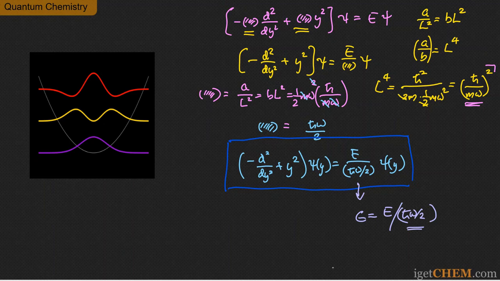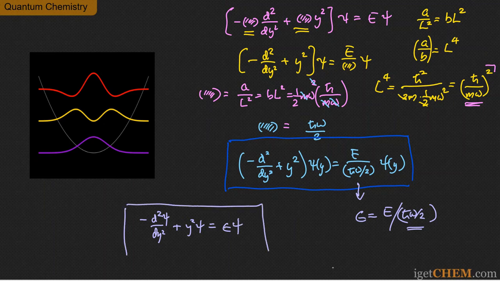So the Schrodinger equation that I need to solve can be easily written as minus d squared dy squared of psi, plus y squared psi, and these are functions of y, is just equal to epsilon times psi. So again, this is the key equation that we want to solve.